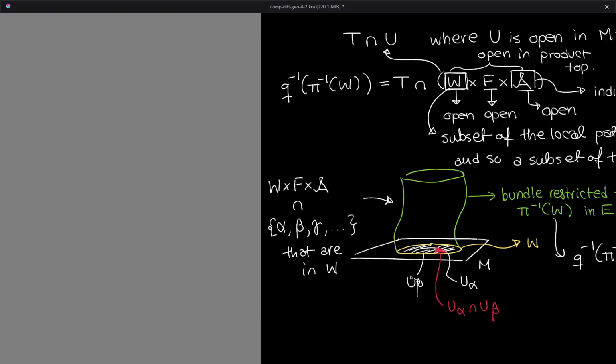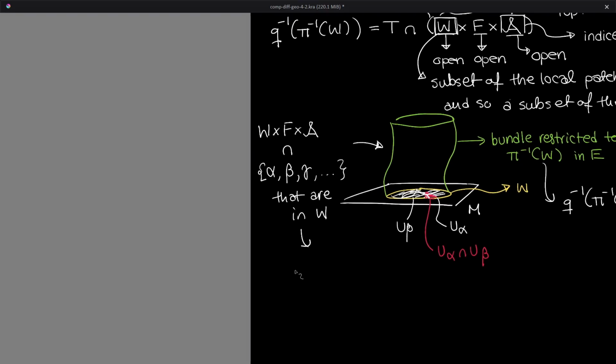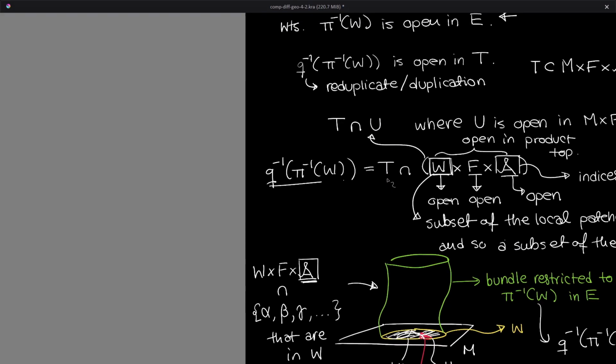So only those indices that are represented inside W, inside these sets that I just drew here, those are the ones that will intersect. But this is the same thing as saying W cross F cross A intersect T, because the only difference between T and this set here is that it's a refinement on A, which means that these are actually the same, which means that if this is open, then that means that this is open.